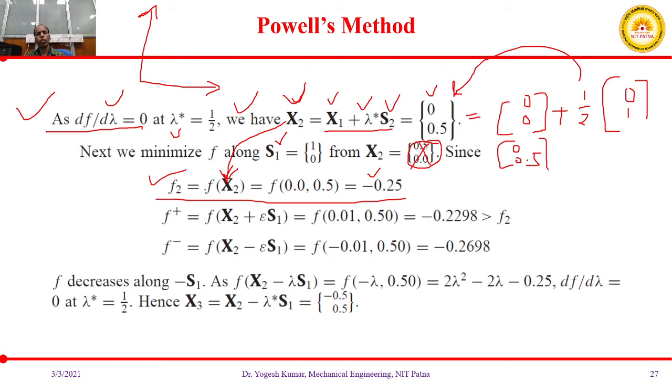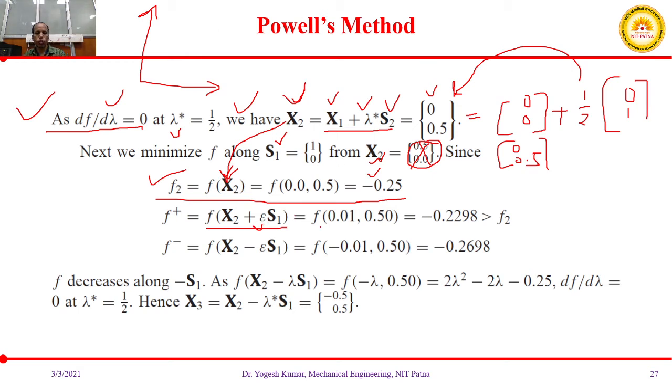Now repeat this process: starting from this point x2, in which direction should you move in order to get the optimum value? So again we will have some probe length epsilon. Your probe length was 0.01. So your new point in the positive direction will be x2 plus epsilon s1.